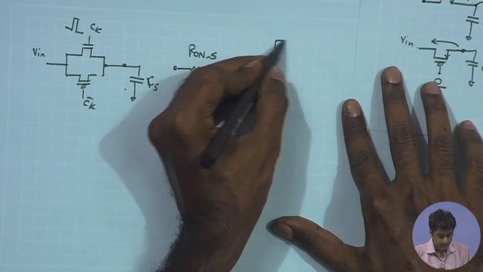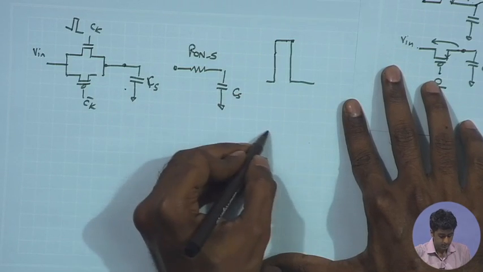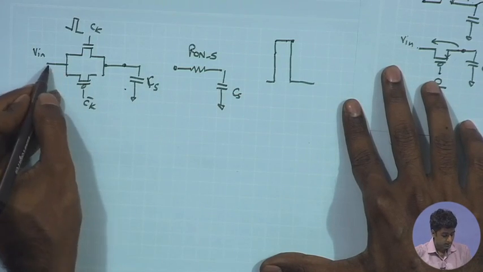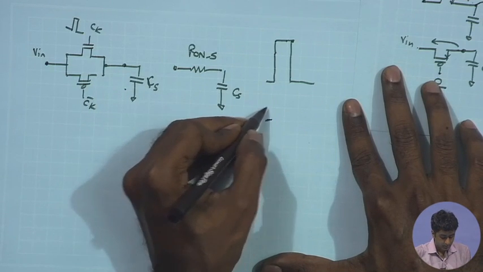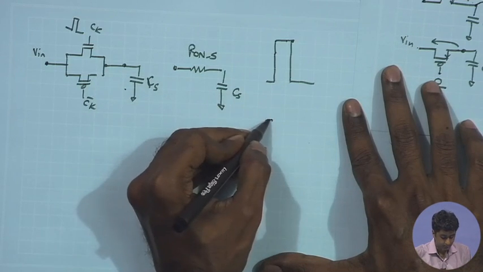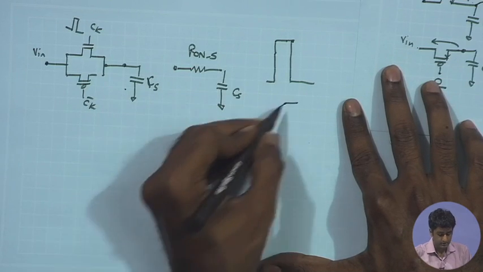So, you will have a very narrow pulse with which you are trying to sample the input signal, and suppose the input signal is going high, the output signal will not be able to follow the step. So, it may stop at an intermediate point.